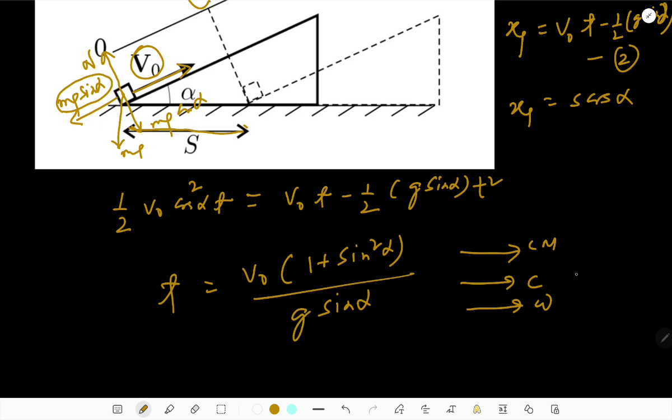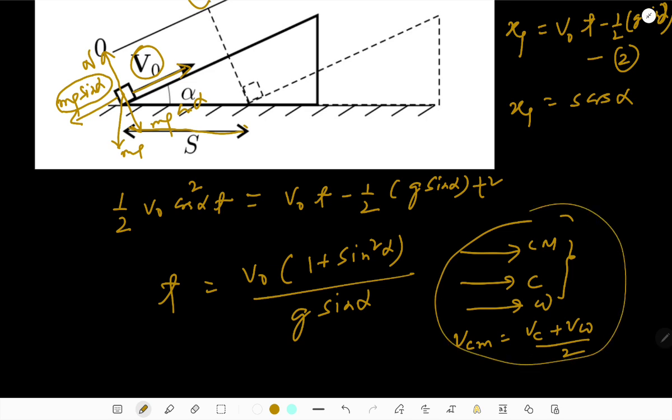That means in the horizontal direction, the velocity of cube and velocity of wedge are the same, because VCM can always be written as (VC plus VW) by 2. If VC and VW were not the same, then all three values would not be the same. So VCM is definitely equal to VC and VW in the horizontal direction. This is all horizontal direction considerations.